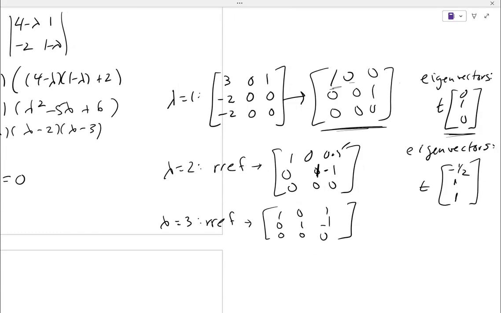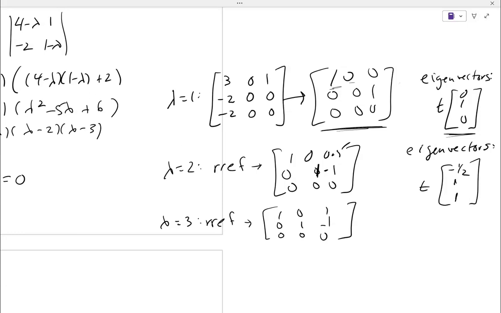So what we have here, and we'll write the third one down here in a second, is a basis for what we refer to as the eigenspace. This one vector generates all eigenvectors associated with lambda equal to 1. This one generates all eigenvectors associated with lambda equal to 2. So any scalar multiple works.